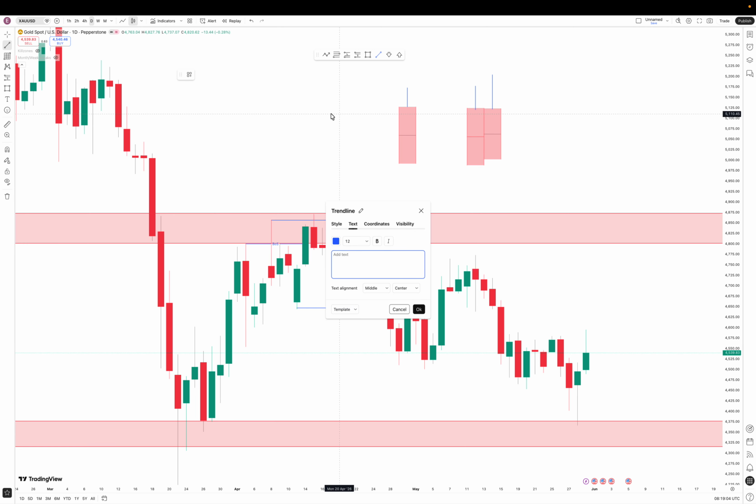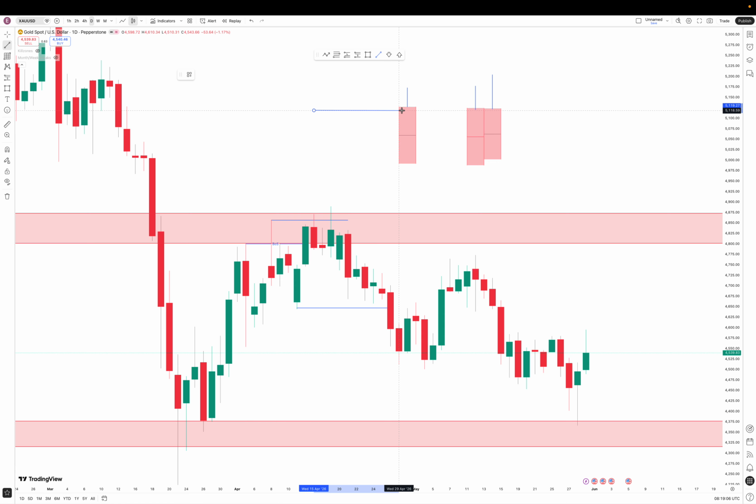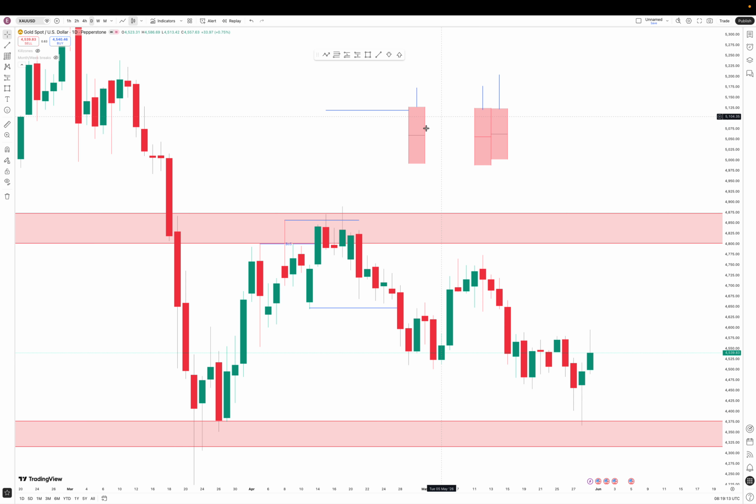For example, this was a valid break of structure candle from whatever price zone it's coming from.